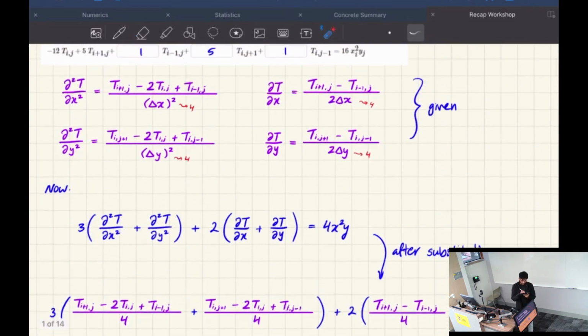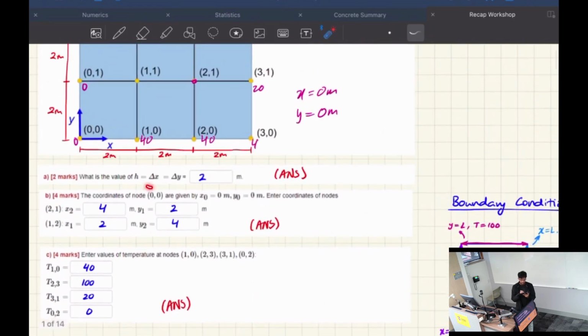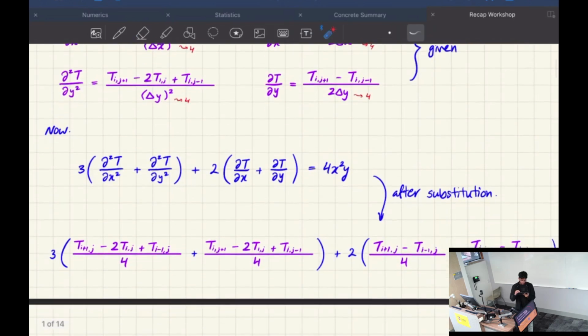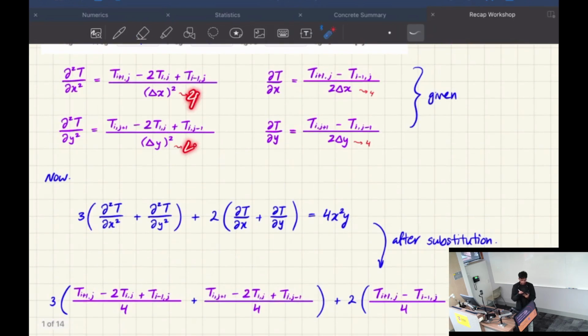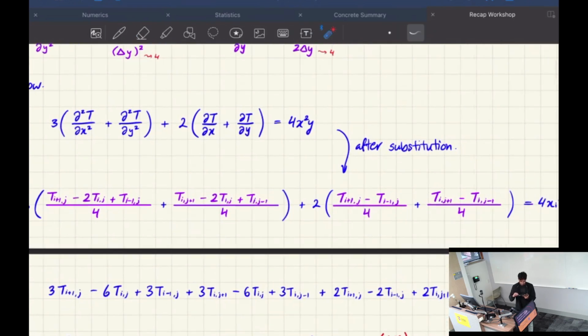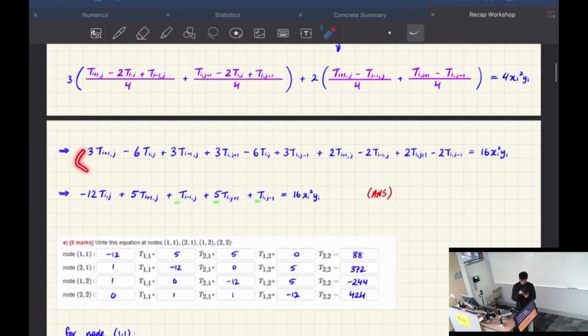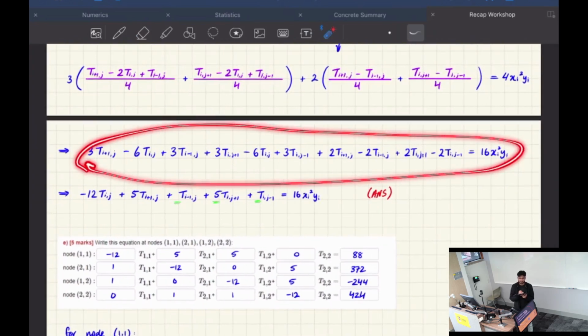At the bottom over here, we get delta y and delta x, which is what we found in part A. So it's just 2 meters. So down here, I can just let this equal 4, 4, 4, and 4. After you substitute everything in, you get a pretty long equation, but there are some like terms.